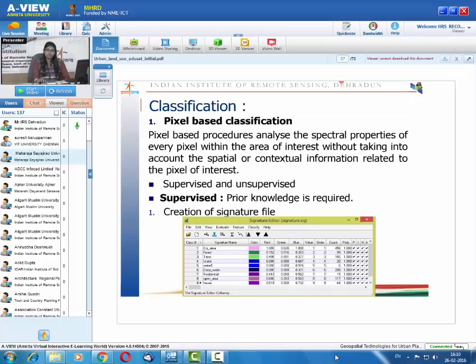So how are we going to proceed with classification? Pixel-based classification. We have discussed pixel-based classification earlier, when I told you that it is a part of hard classification. Pixel-based classification identifies the spectral value of a pixel. It can be provided as a training set in supervised pixel-based classification, or the image can be given as an input to the system to decide on the spectral values and congregate them, that is unsupervised classification.